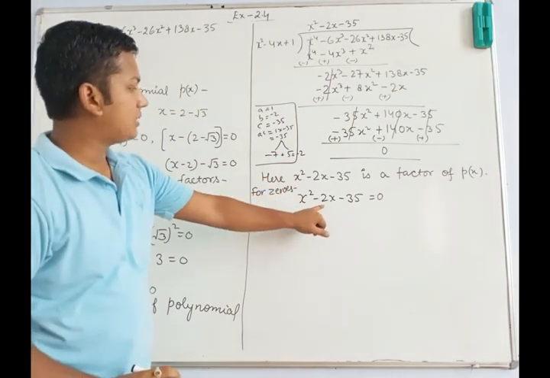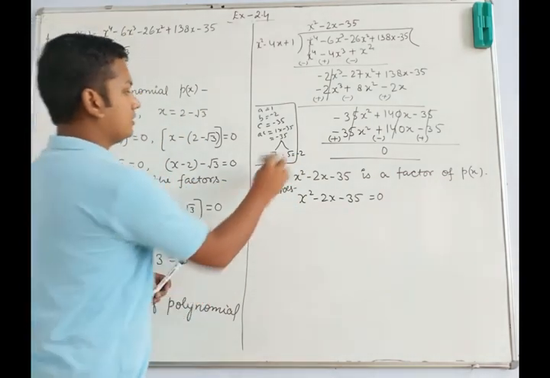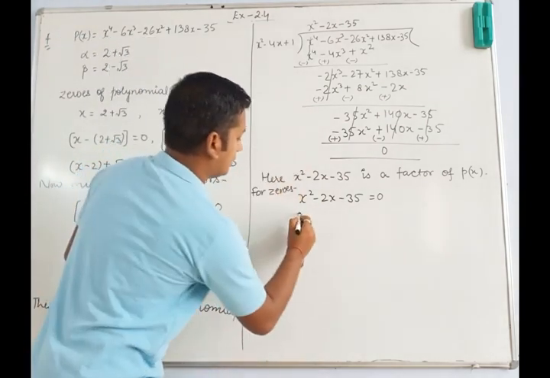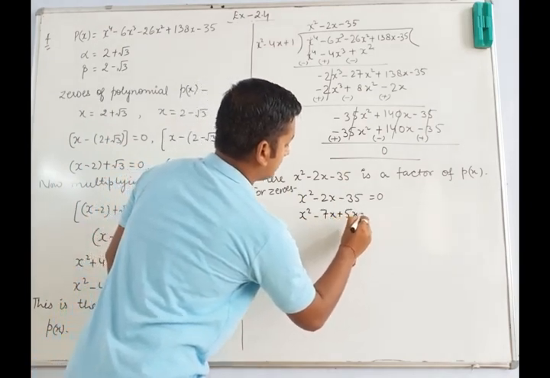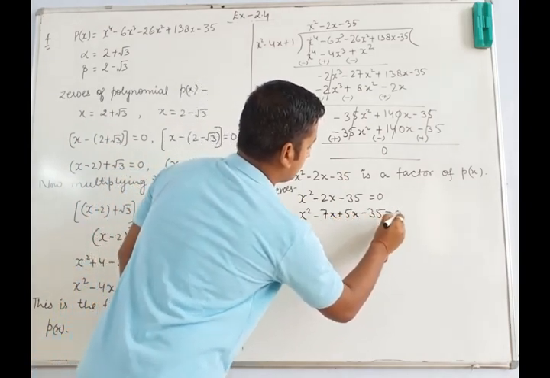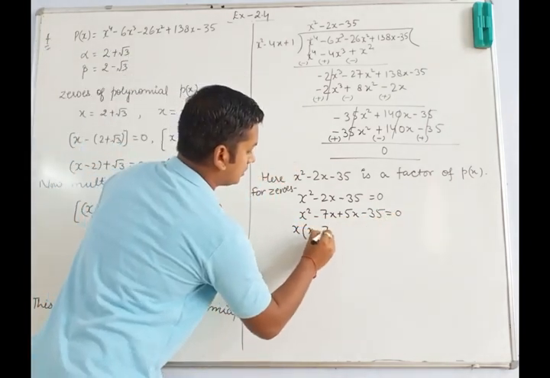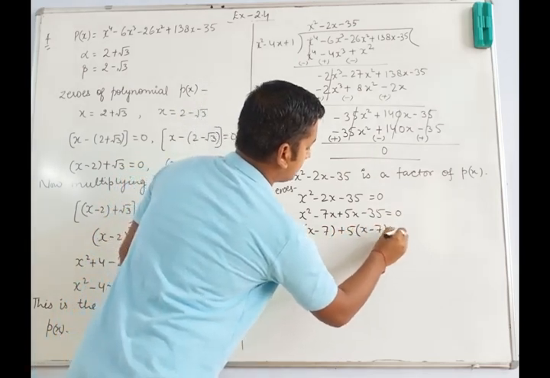So this −2x we can write as −7x + 5x. So x² − 7x + 5x − 35 = 0. Now take x as common, so it is x(x − 7). Take 5 as common, so it will become 5(x − 7).